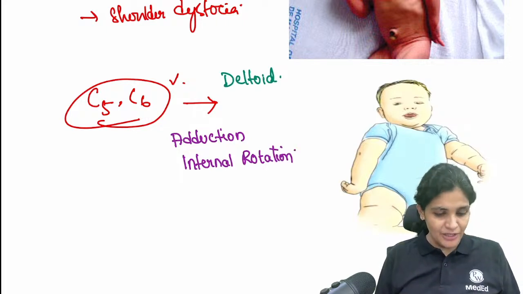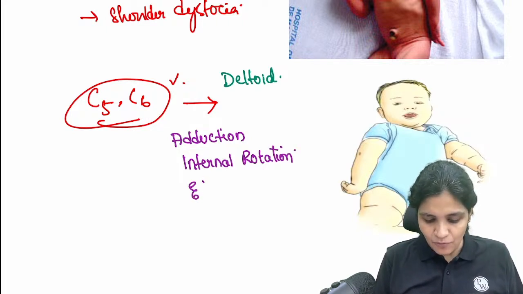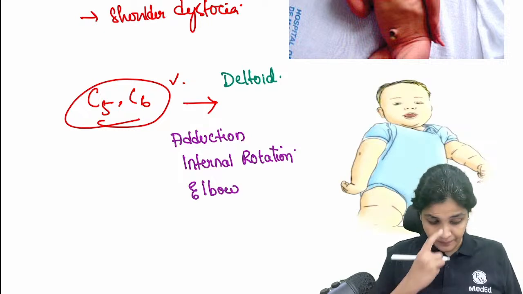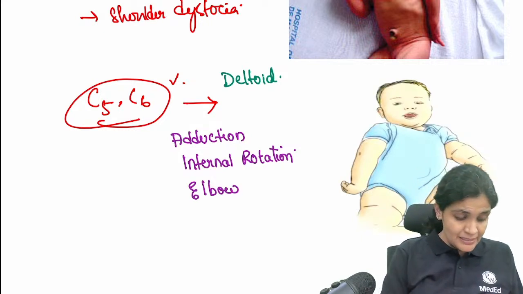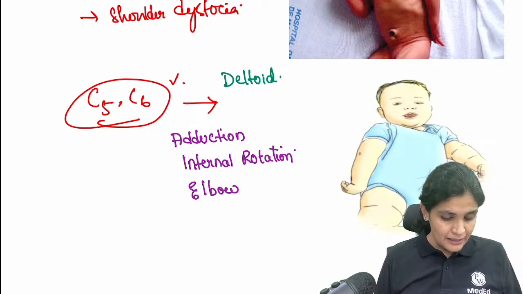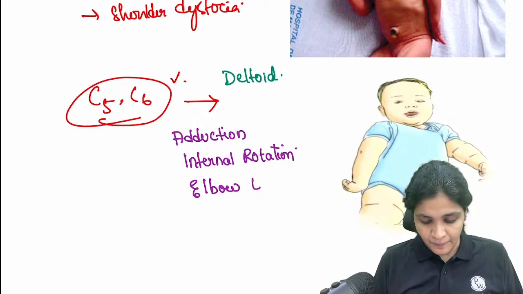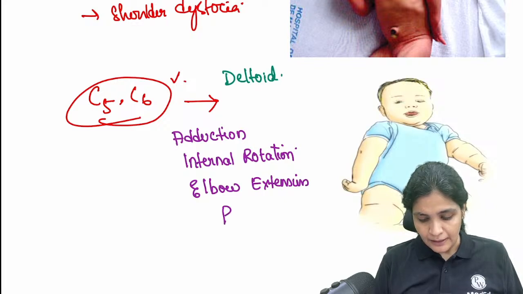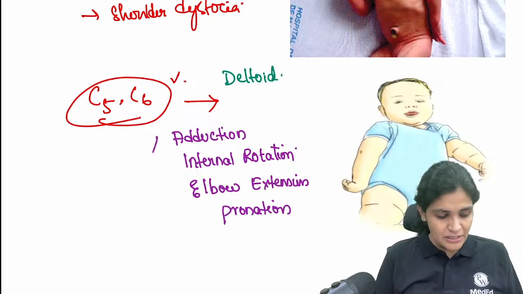Adduction and internal rotation, and the elbow is in what? Flexion or extension? Elbow in extension and pronation. Right, so this is the deformity.